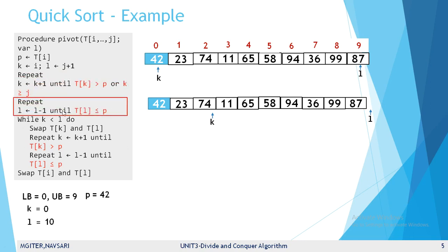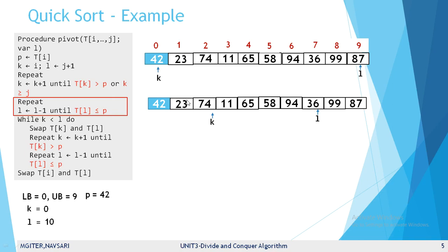Now we decrement L by 1 until we find an element which is less than the pivot element. L at index 9 is 87, so we again decrement L to index 8. The value at index 8 is 99, which is greater than the pivot. Now the value at index 7 is 36.